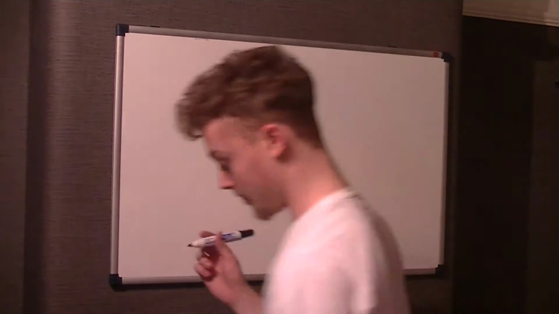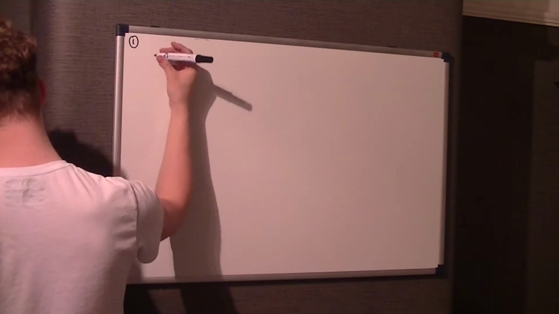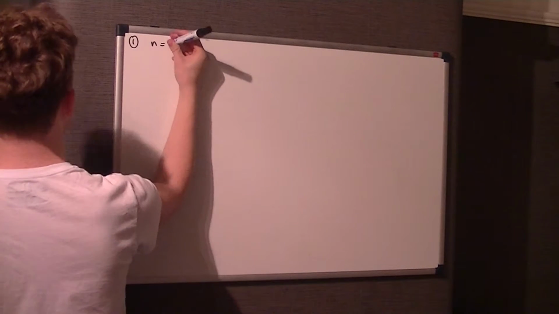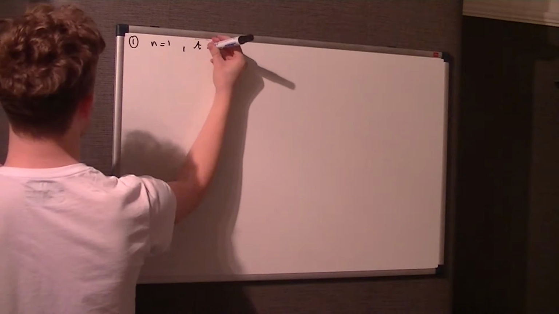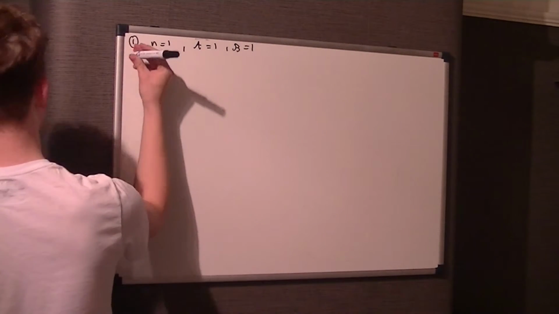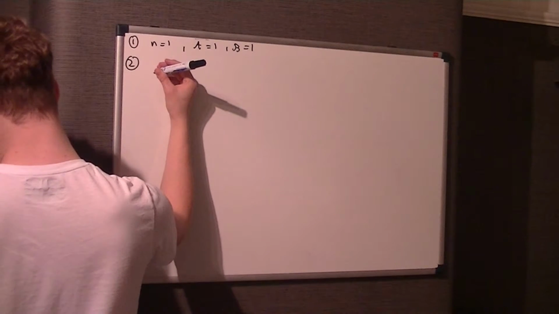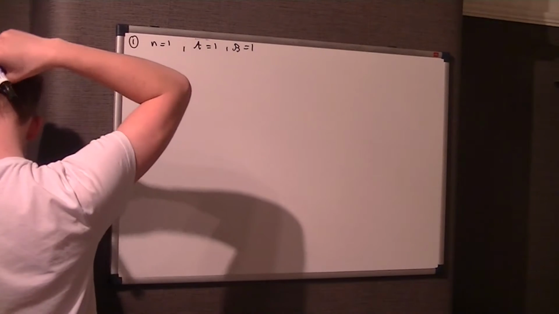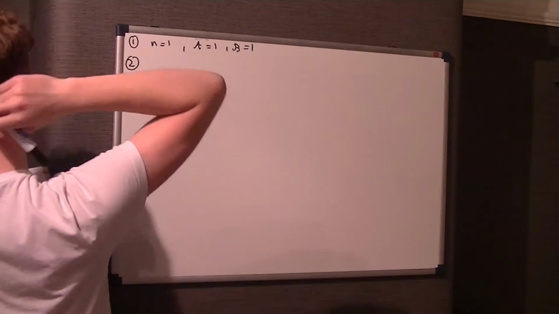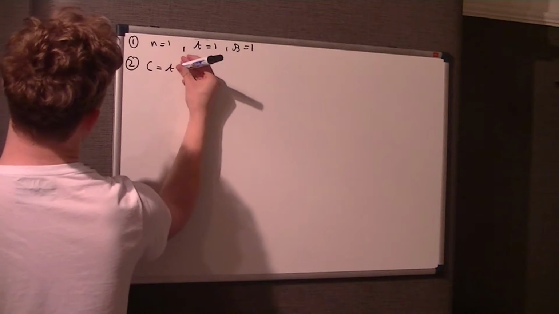So you might get something a bit more like this. These are the steps of an algorithm. Line 1 is: let n equal 1, a equal 1 and b equal 1. Line 2 might say: c equals a plus b.